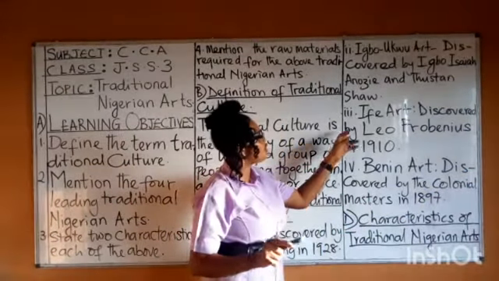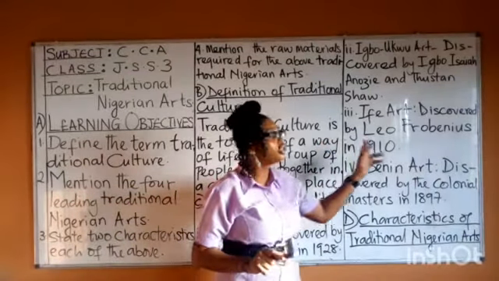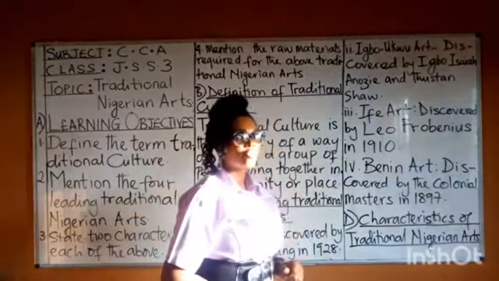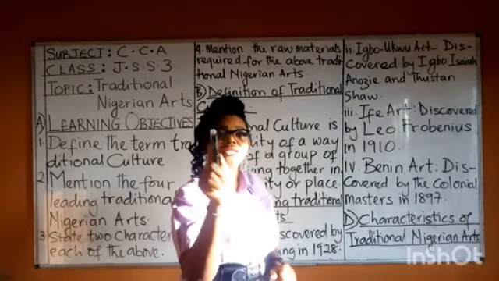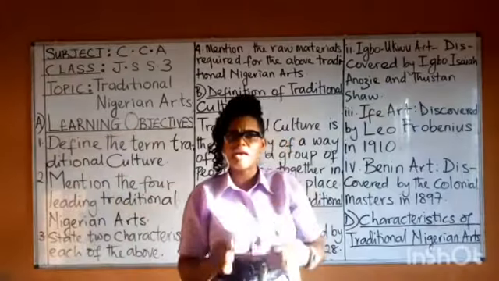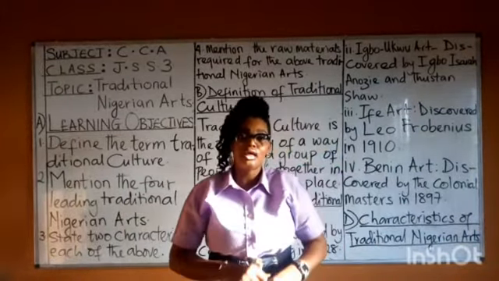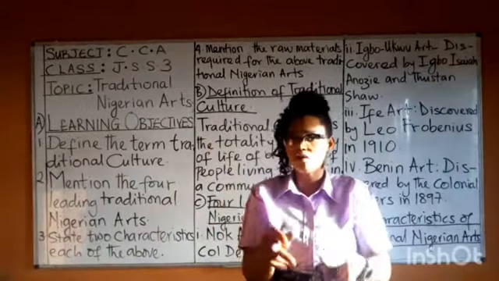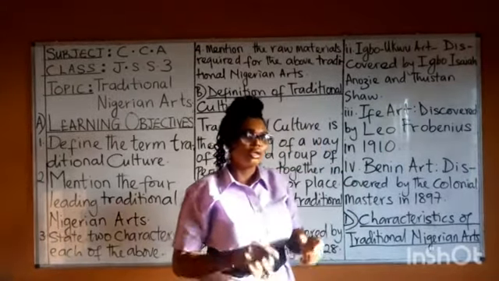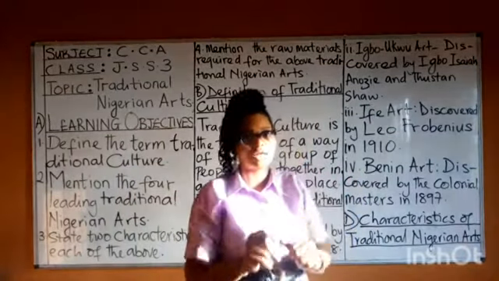Now that takes us to Ife art. Ife art was discovered by Leo Frobenius, and that year was 1910. Where is Ife? Ife is the central of all Yorubas, in the western part of Nigeria.